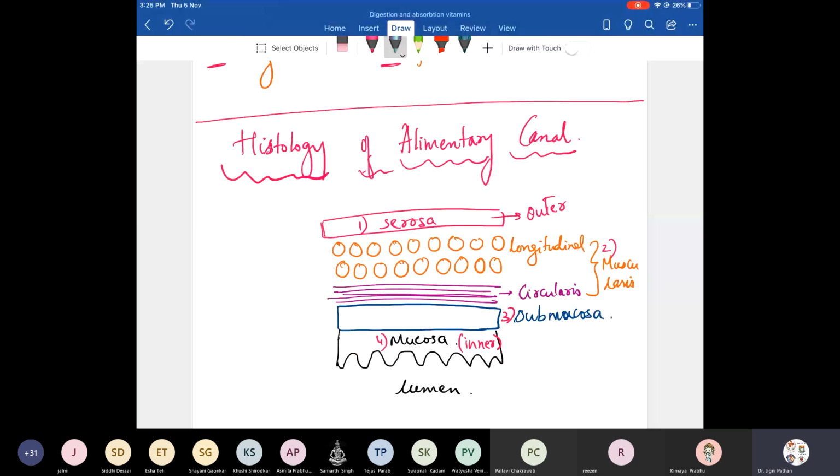Then we'll see. Very important. Can you see?